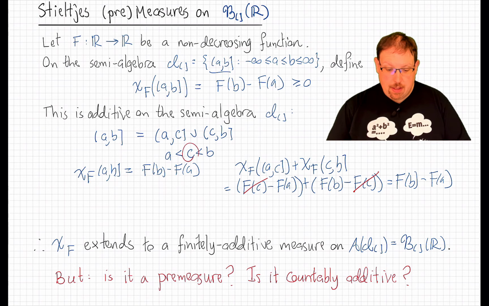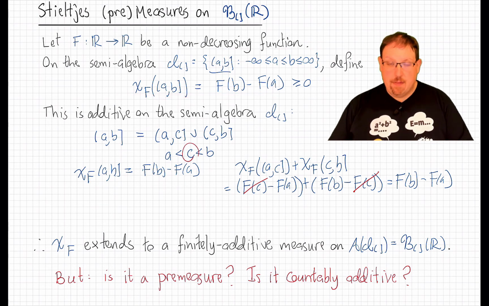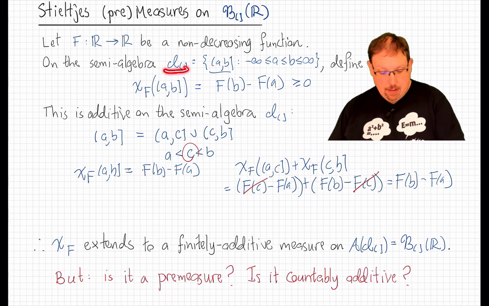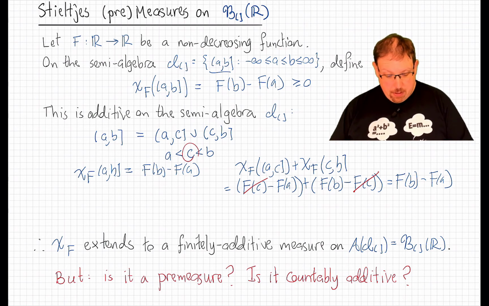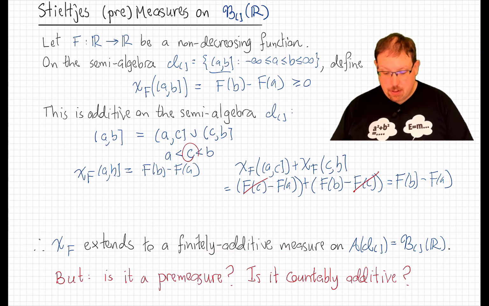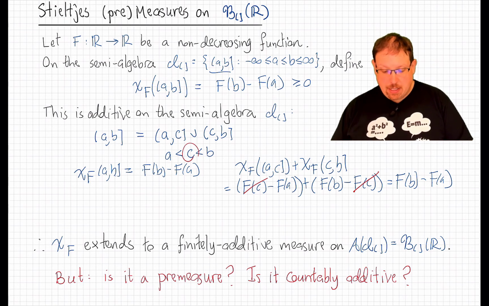That shows that this defines a finitely additive positive function on the semi-algebra of half-open intervals, and therefore, by the proposition from the previous slide, it extends automatically to a finitely additive measure on the Borel field, the field generated by those half-open intervals, which consists of finite disjoint unions of half-open intervals.